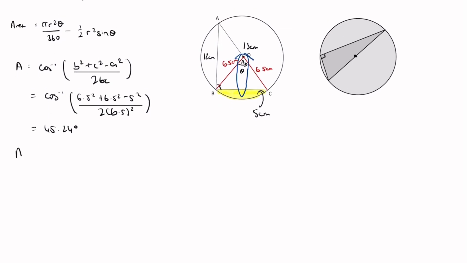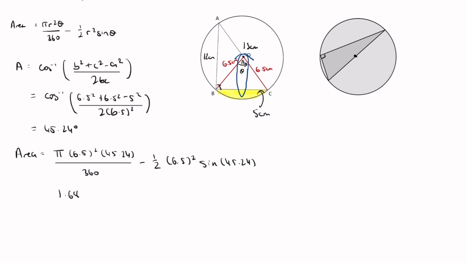The area is equal to pi times 6.5 squared times 45.24 over 360, minus 1/2 times 6.5 squared times sine of 45.24. Throwing it in the calculator, we get an answer of 1.68, and because it's in centimeters, we write centimeters squared.